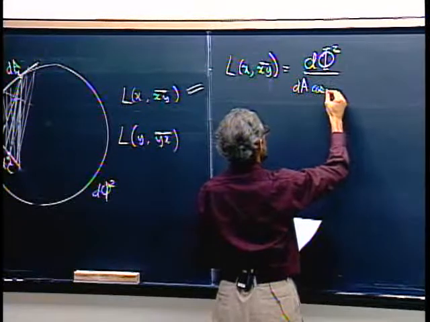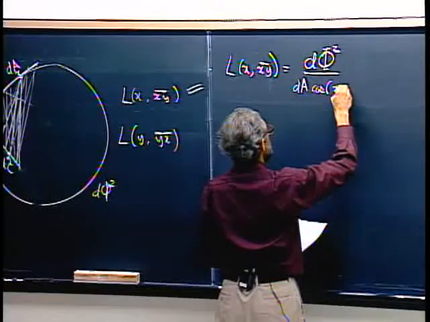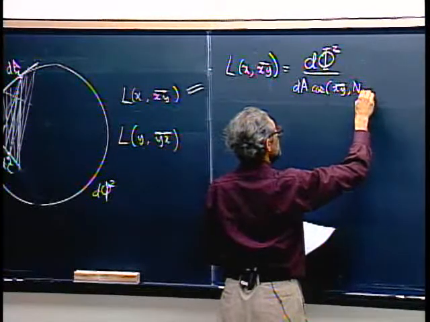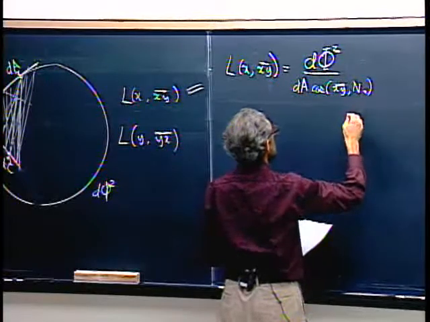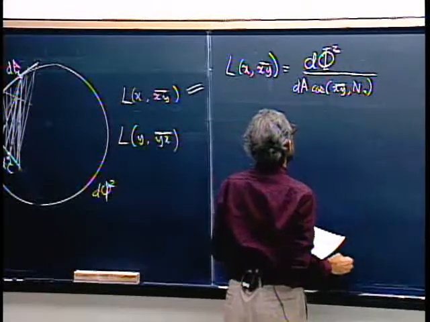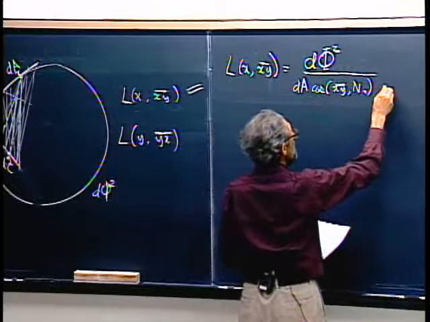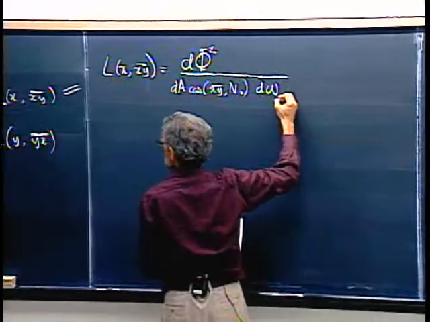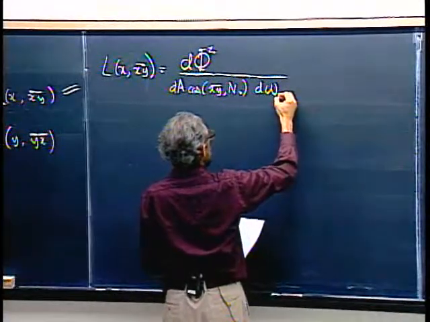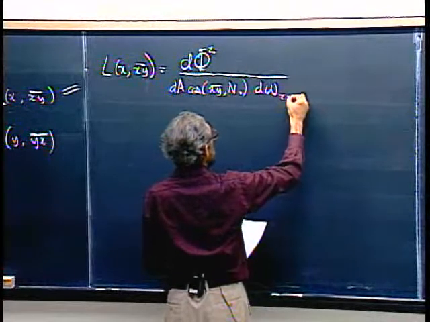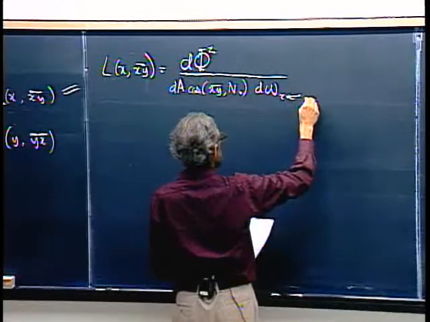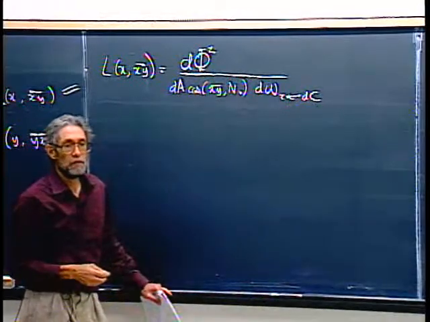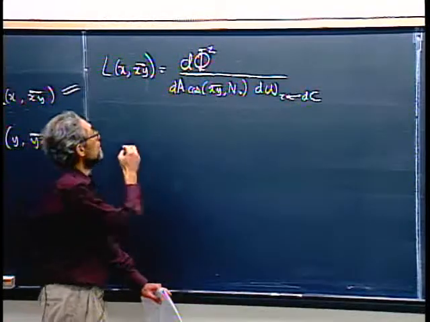So we need a cosine of the angle between the vector xy and the normal at x, and then we have d omega, the solid angle that the surface dC fills coming to the point X.